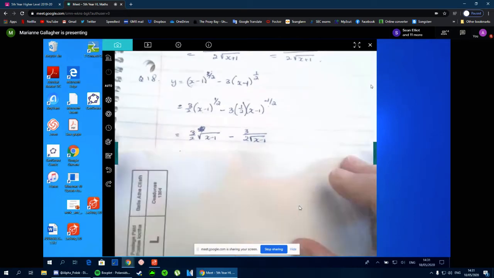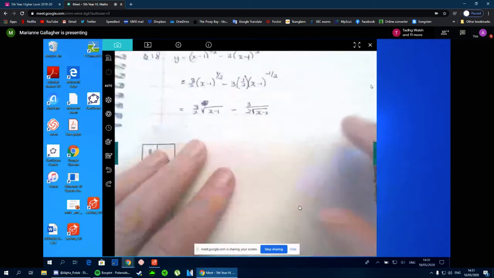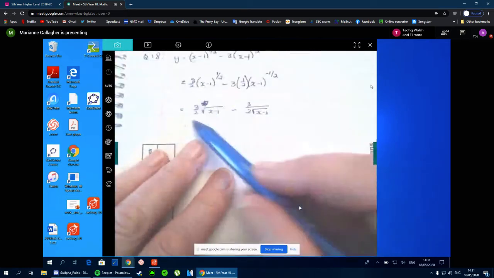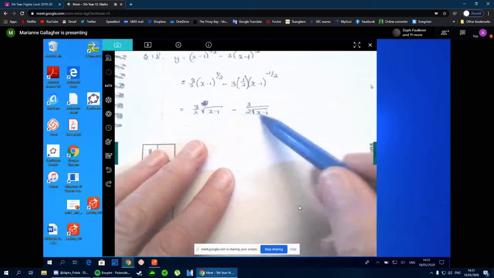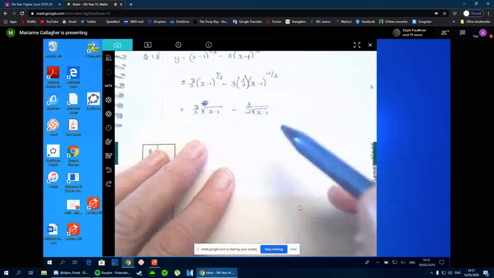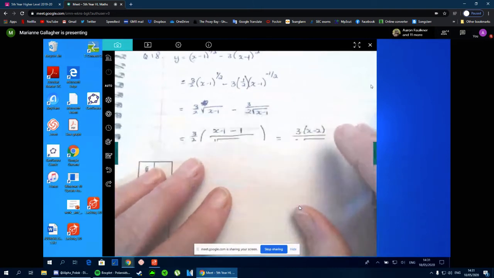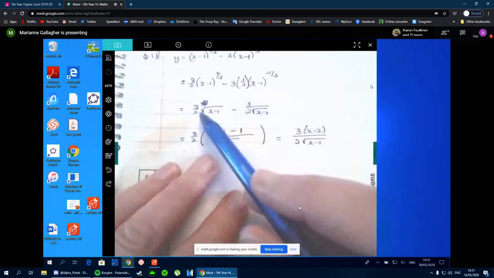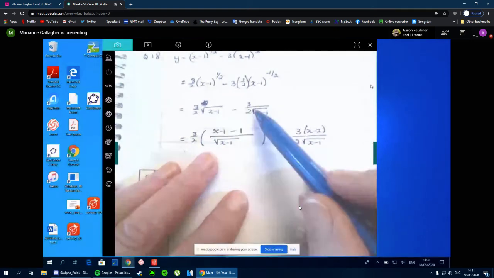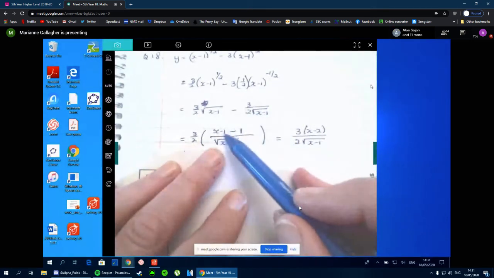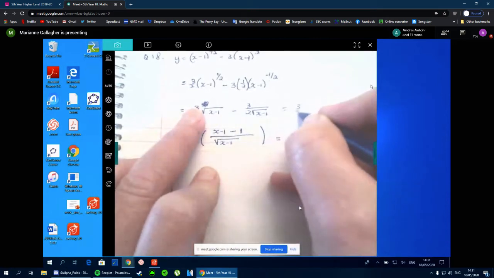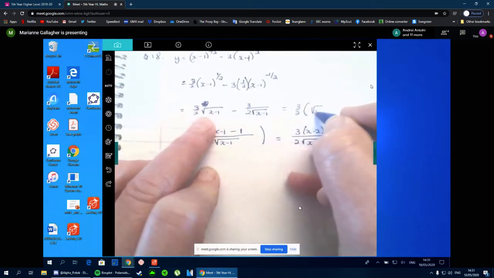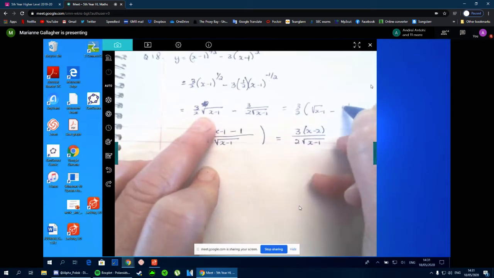Okay. And then to write that as one fraction, this is our common denominator, 2 root x minus 1. So we have to multiply this by 2 root x minus 1. So you get root x minus 1 by root x minus 1 is just x minus 1. So what I did here was take out the 3 over 2, and you got root x minus 1 minus 1 over root x minus 1.